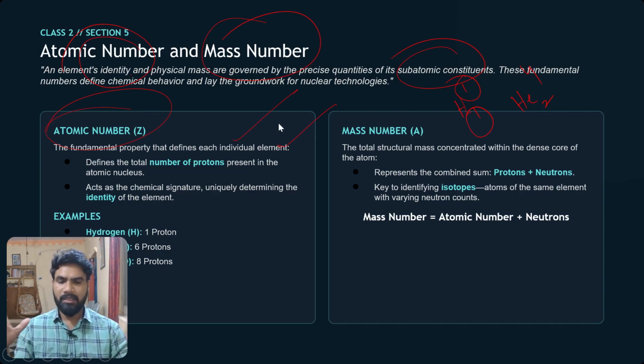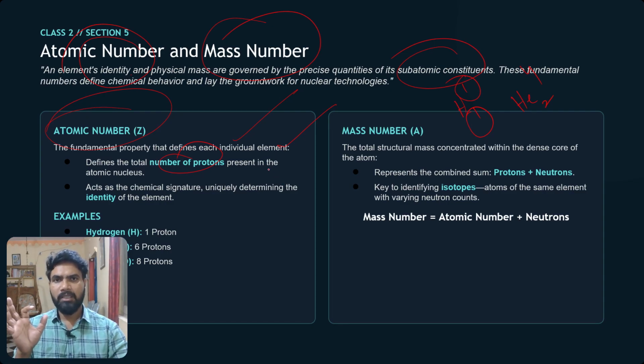Elements are there in the periodic table. You know what the periodic table is. So atomic number defines the element. What does atomic number show? It shows the total number of protons that are present in the nucleus of the atom. That is atomic number.